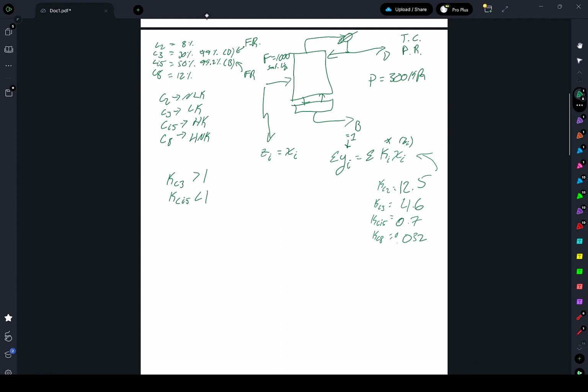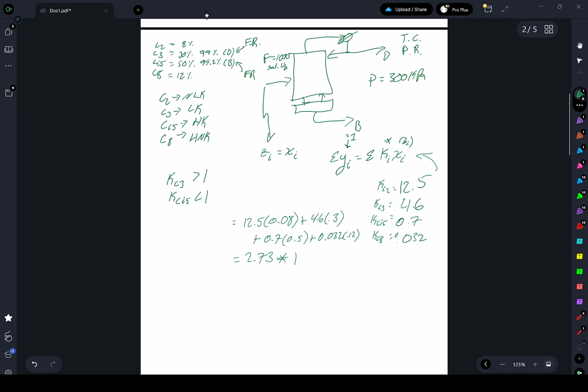So 12.5 times 0.08 plus 4.6 times 0.3 plus 0.7 times 0.5 plus 0.032 times 0.12. The value we get for this is about 2.73, which does not equal 1.